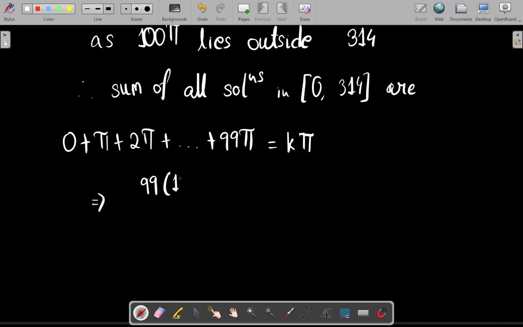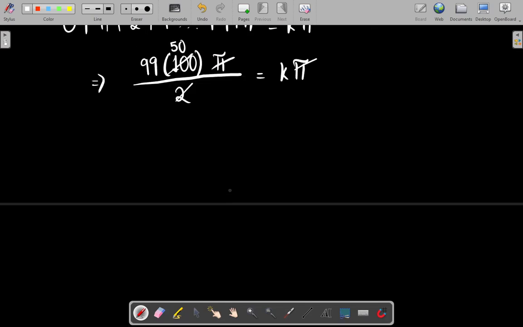So this becomes 99 into (99 + 1) times π, whole thing upon 2, and this is equal to kπ. So this π and π will cancel out, and this becomes 50. So the value of k will be 99 times 50. 99 times 5 is 495, and 0. So this is the required value of k.